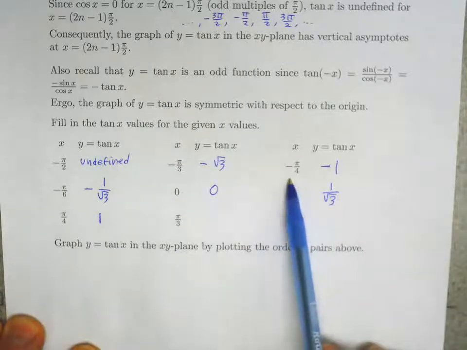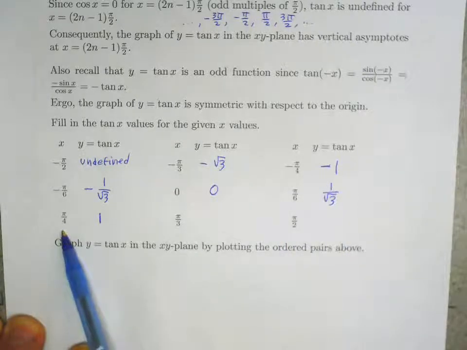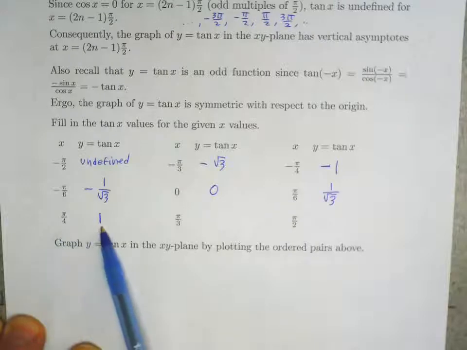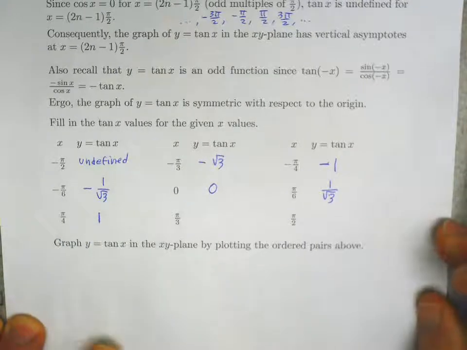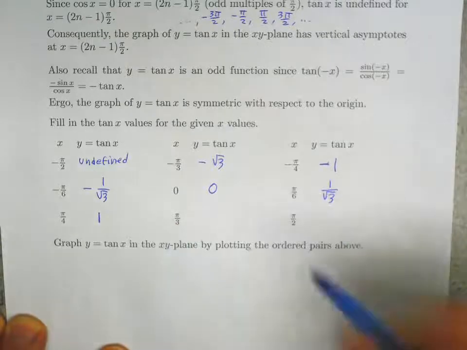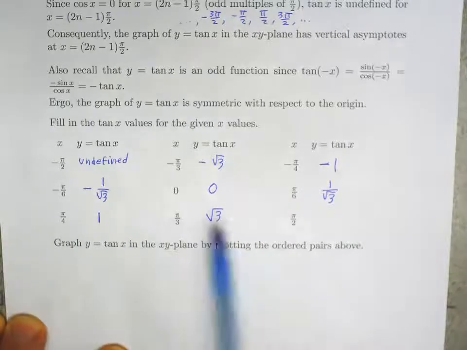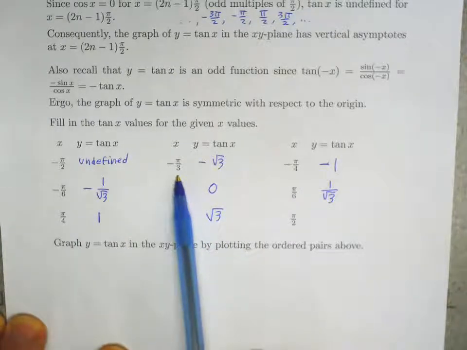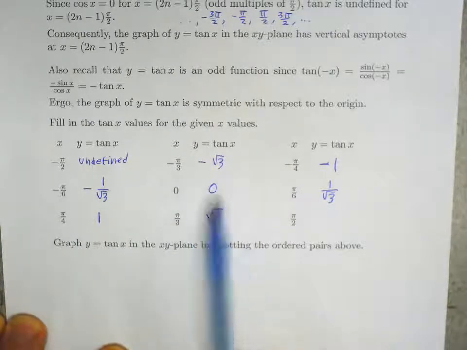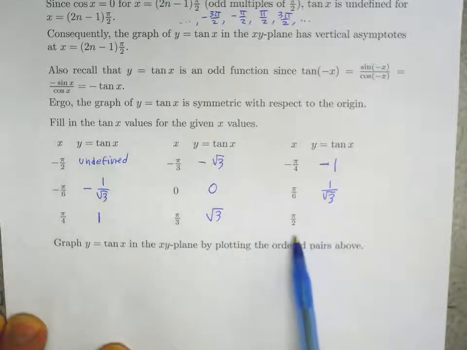Here we can use the fact that tangent of negative pi over 4 equals negative 1 to get tangent of pi over 4 equals positive 1. And tangent of pi over 3 is equal to the square root of 3. If we look at tangent of negative pi over 3 equals negative square root of 3, then we can make that conclusion. And then tangent of pi over 2.